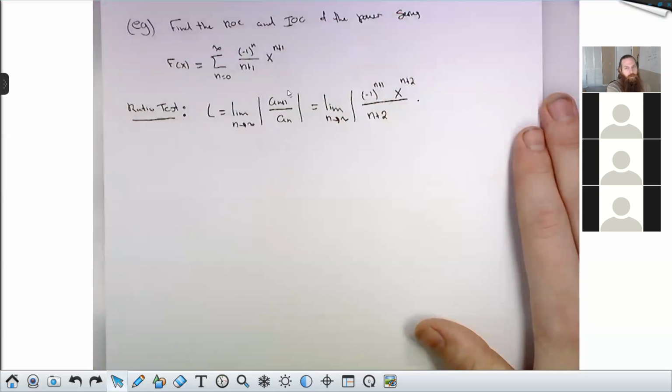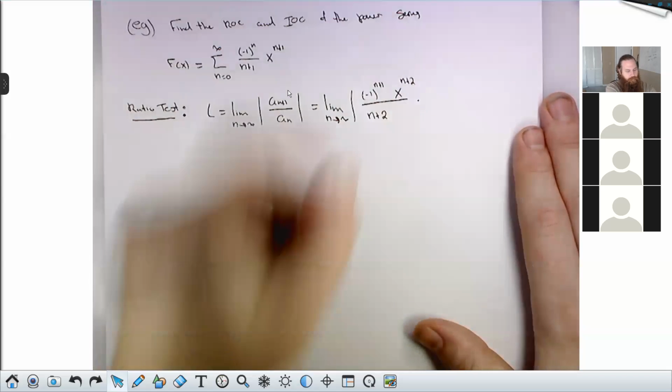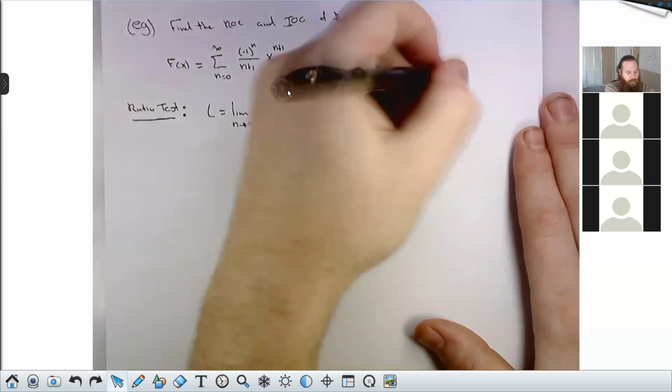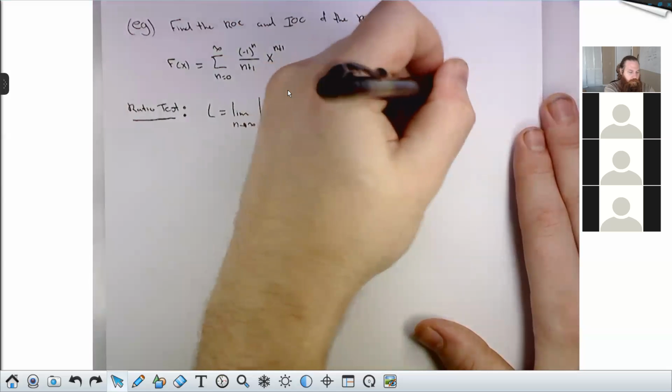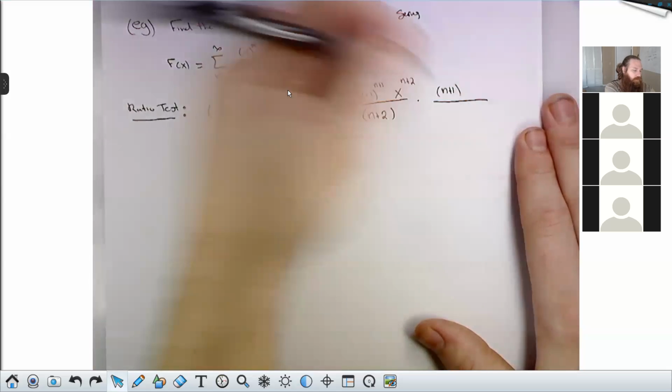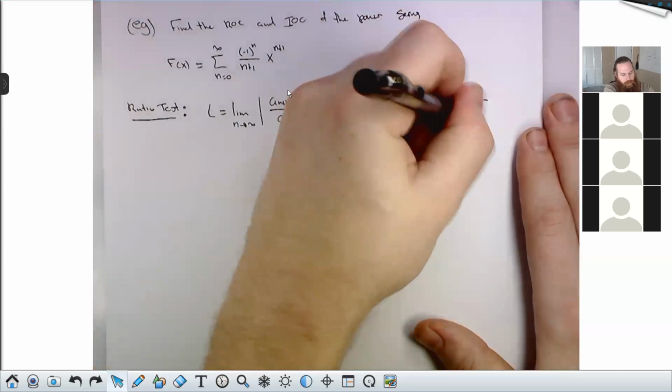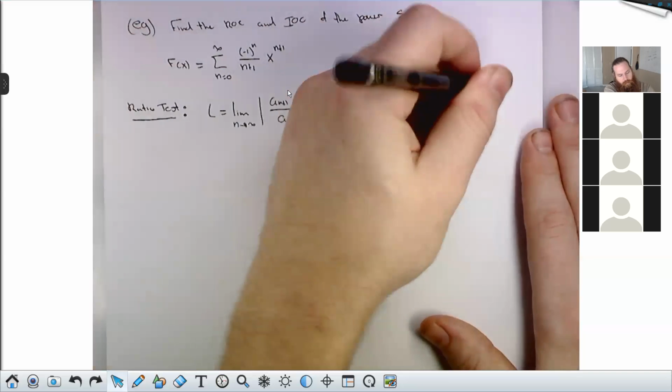So there's a_(n+1). And now I'm going to multiply by the reciprocal of a_n, which is n plus 1 over negative 1 to the n times x to the n plus 1.